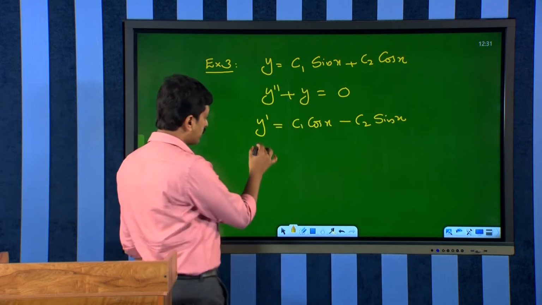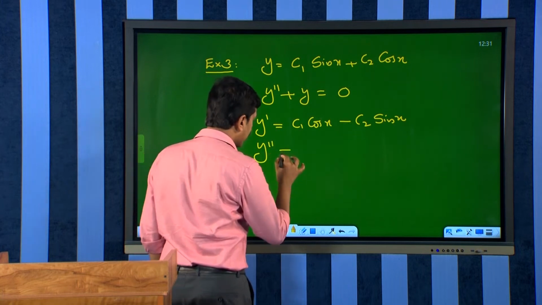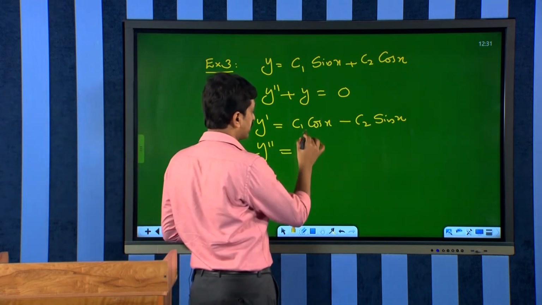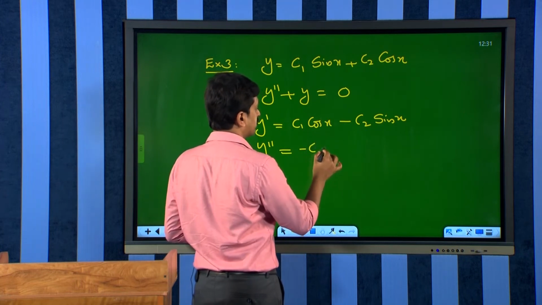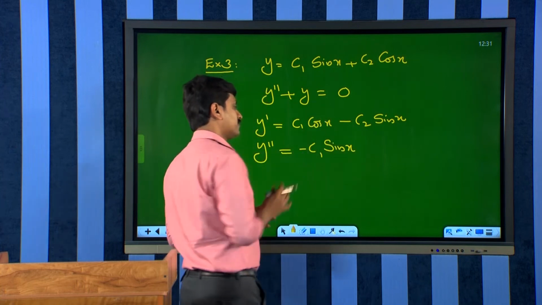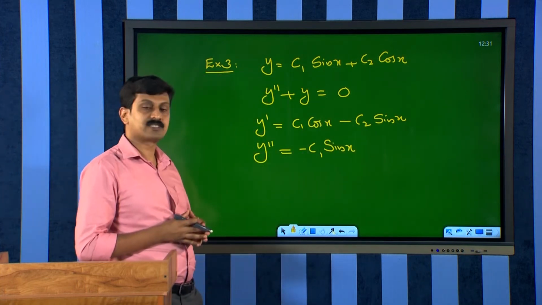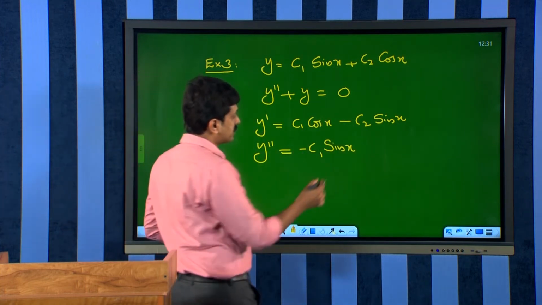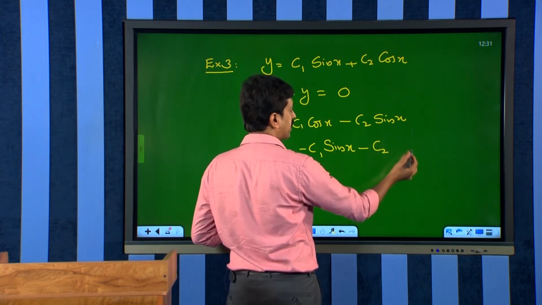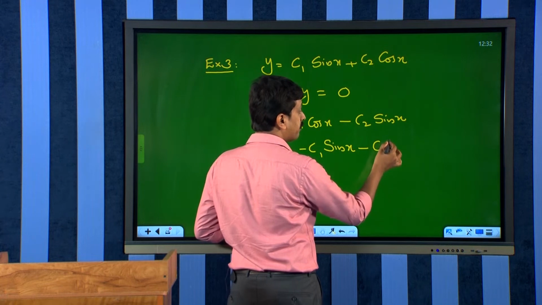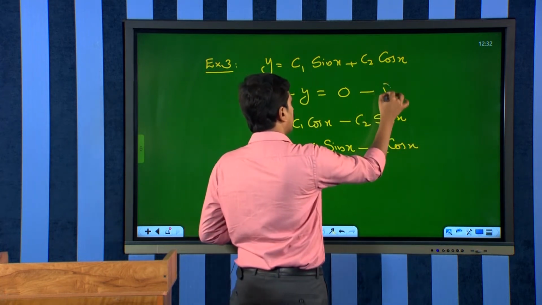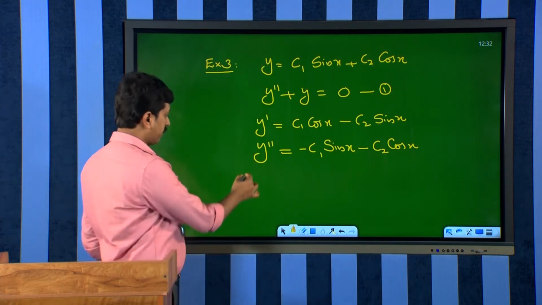We can evaluate the second order derivative: y double dash is c1 cos x, derivative of cos x is minus sin x, therefore the value will be minus c1 sin x, plus derivative of sin x is cos x, already we have a minus sign with this term, therefore we will have minus c2 cos x. Okay. Put in 1.